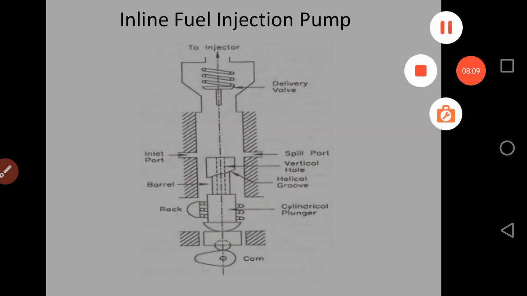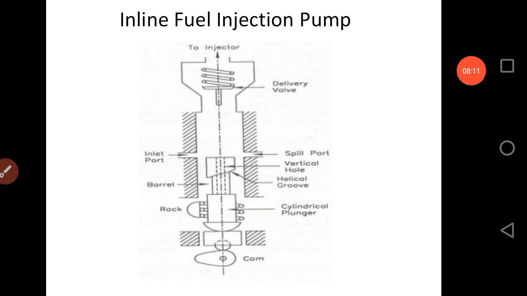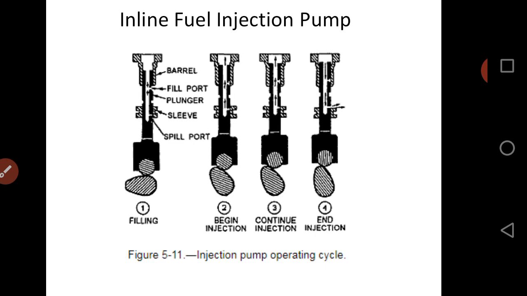So whatever processes we have discussed, we can see in this diagram. Here you can see that the plunger is moving upward and overcoming the pressure, and injection will begin, and then that injection will continue.